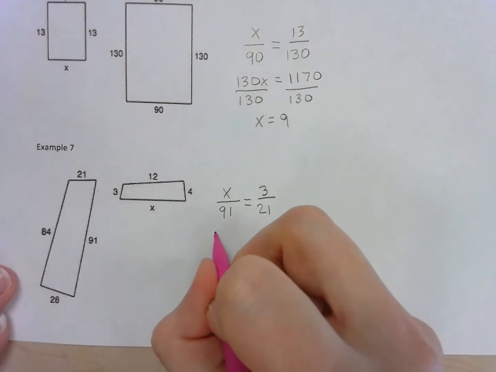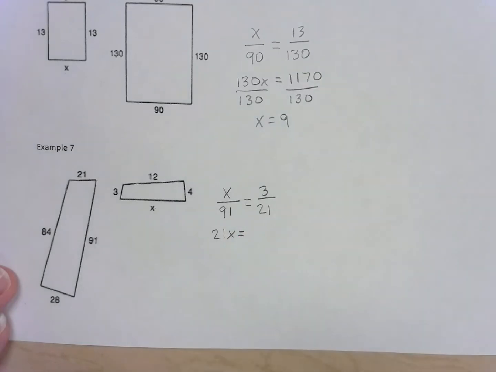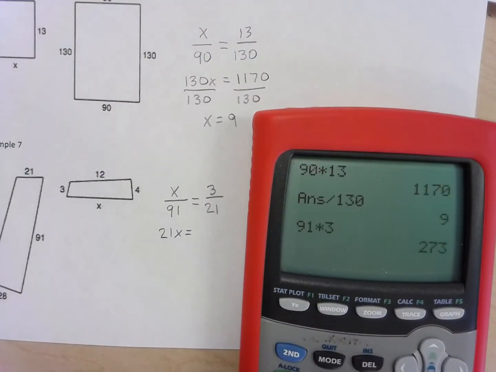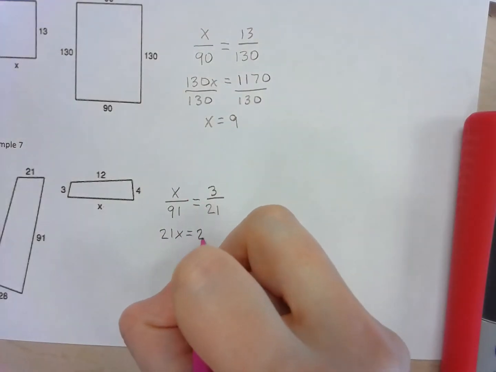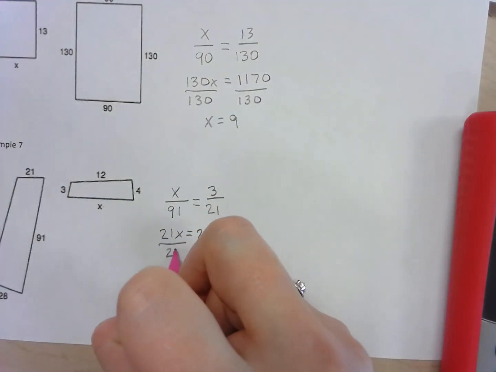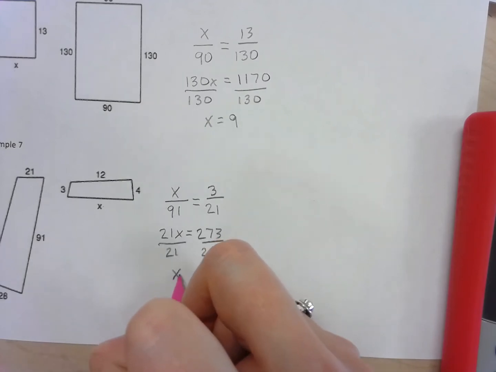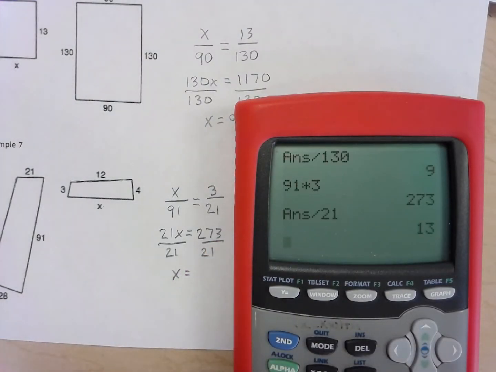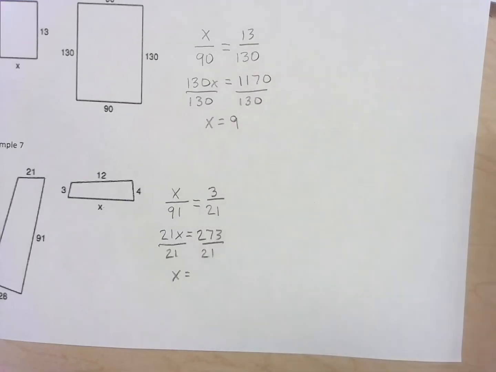So when we cross multiply, we get 21x equals 91 times 3 is 273. We'll divide that by 21 to solve for x. And we find the value of our x is 13.